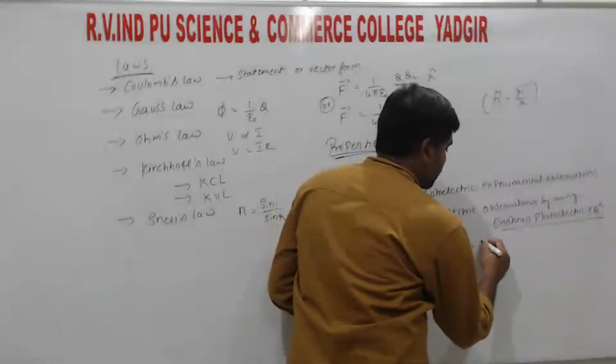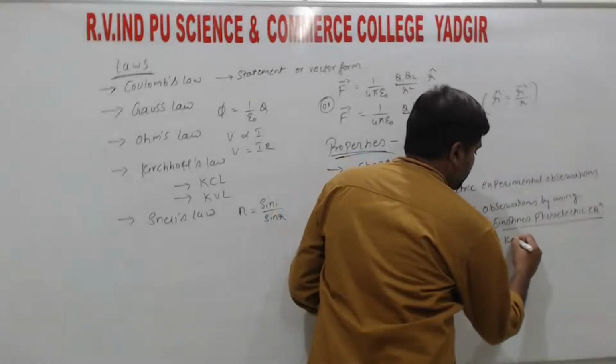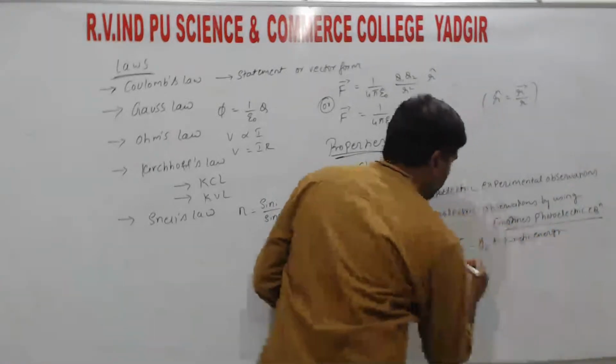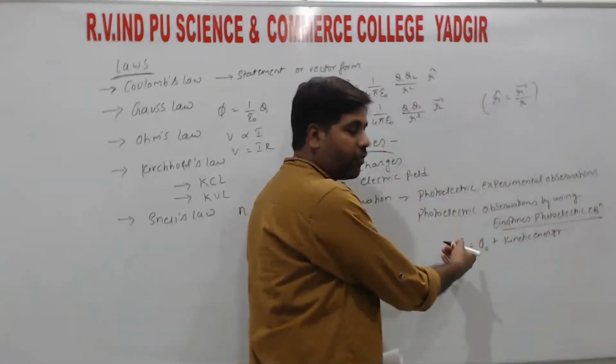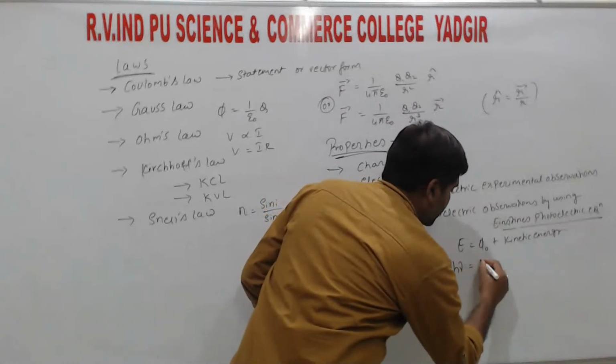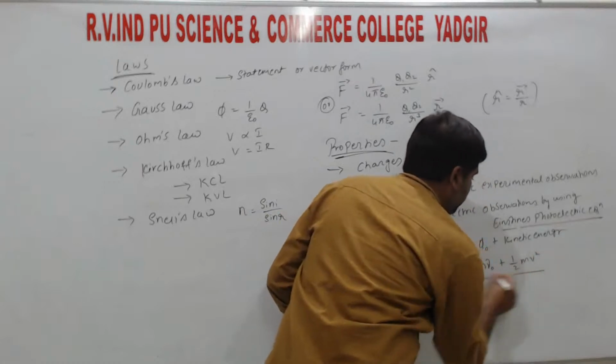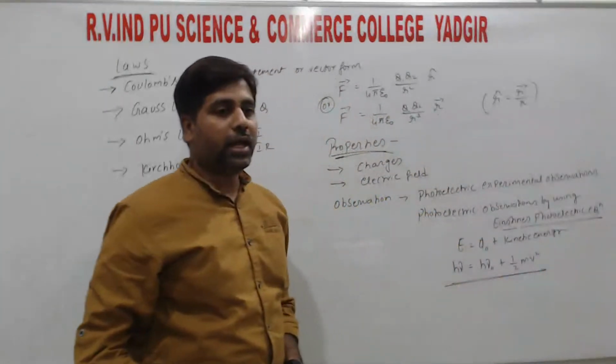In Einstein's equation, h nu equals h nu naught plus half m v square. This is Einstein's photoelectric equation.